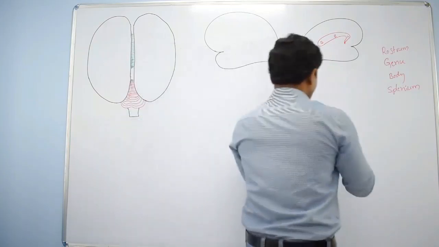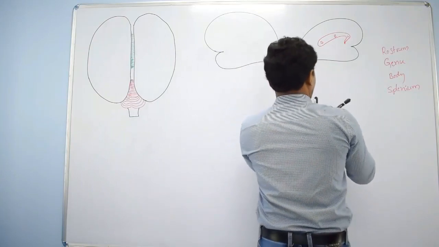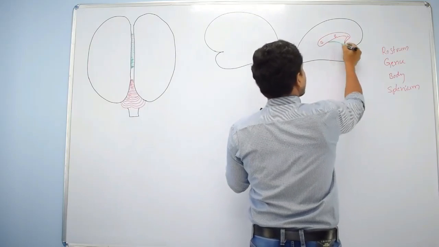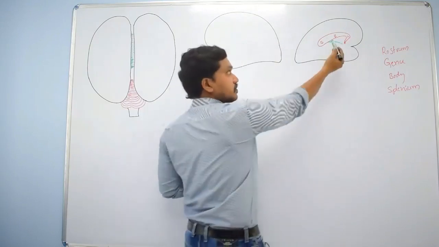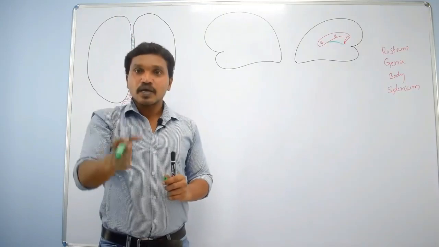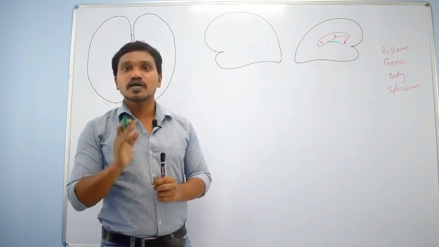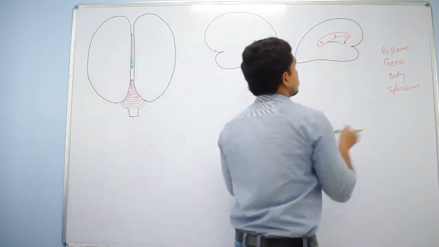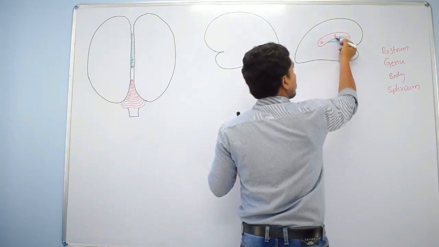Now below the corpus callosum, what will be there? You can find the fornix. This is the fornix. In between the corpus callosum and fornix, there is one bilaminar septum. That bilaminar septum we call the septum lucidum or septum pellucidum.